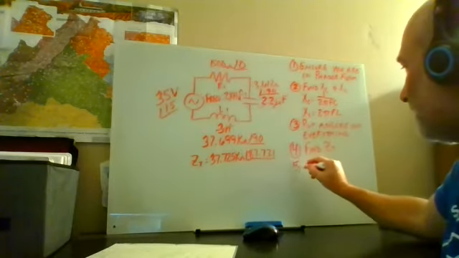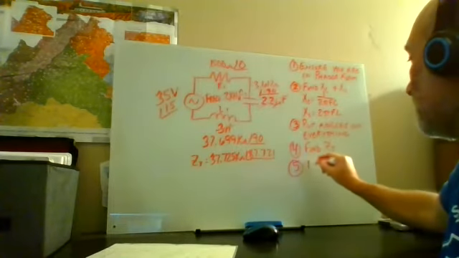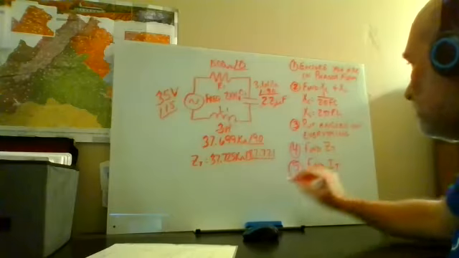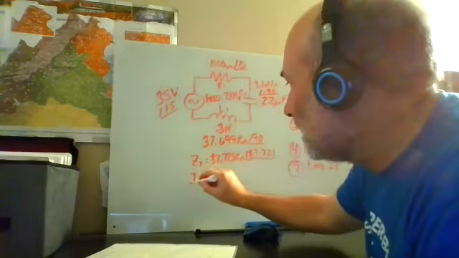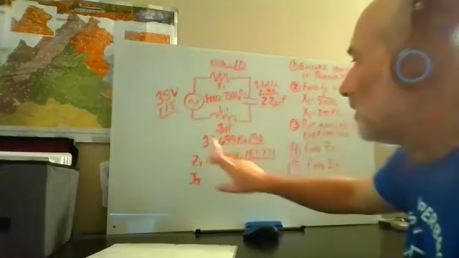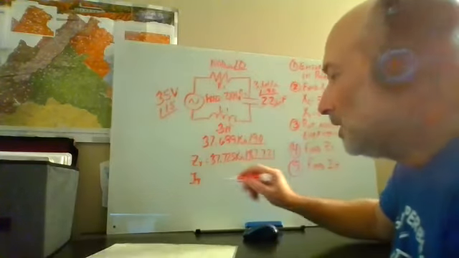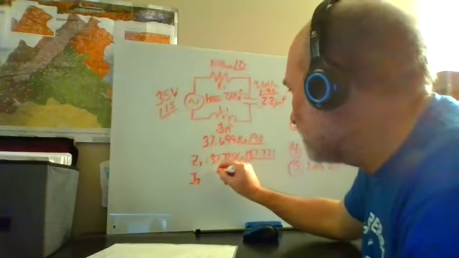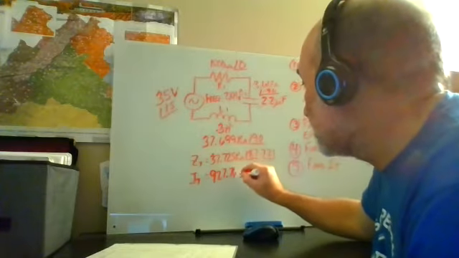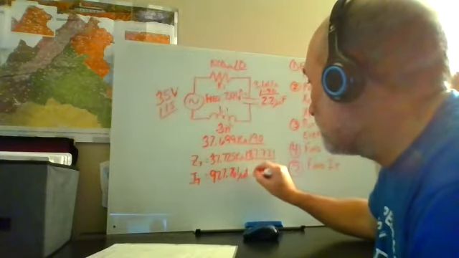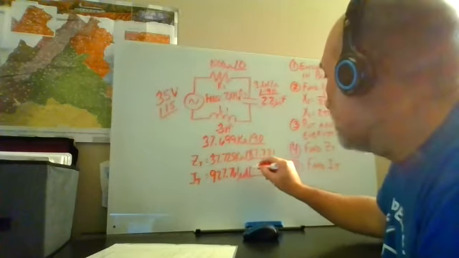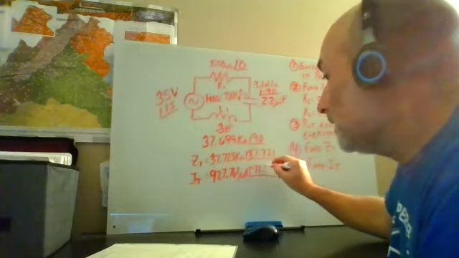Step 5 tells me find I total. I total, found the same way we've always done it. E total divided by Z total. When you do that, you should have got 927.761 microamps at an angle of negative 72.721.